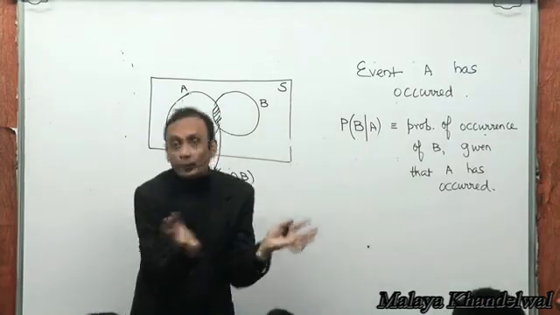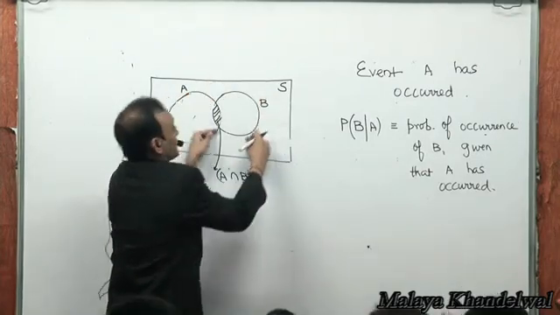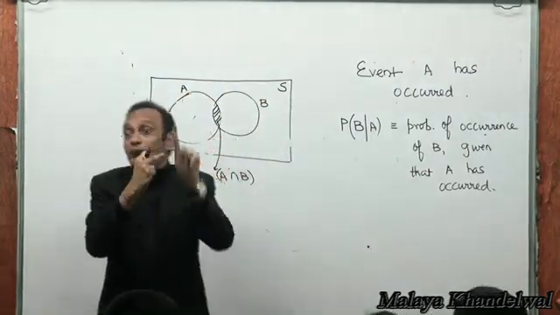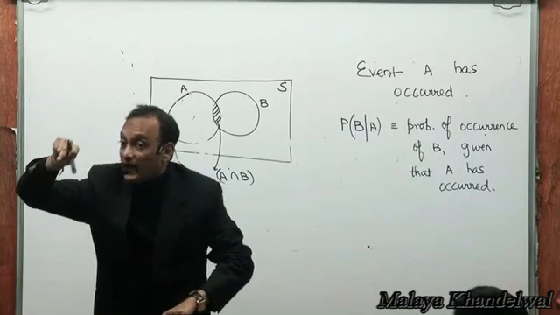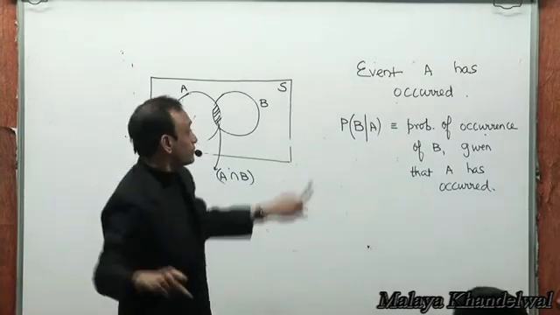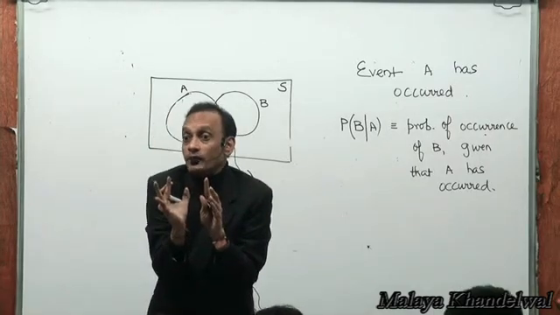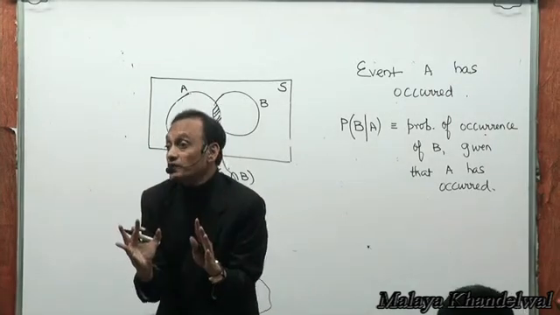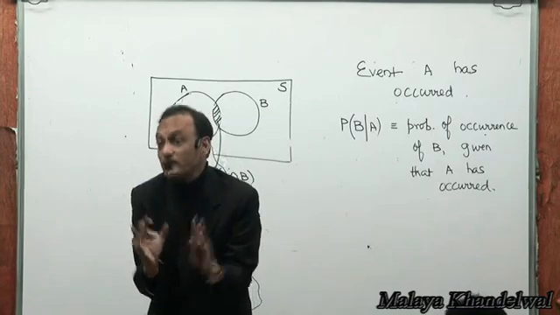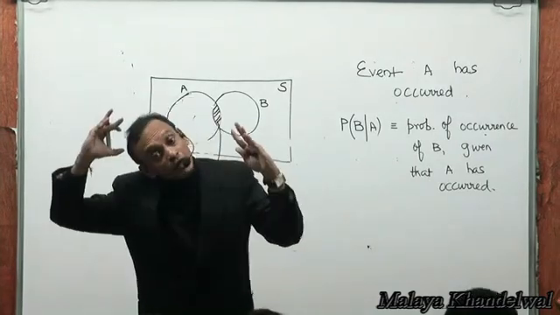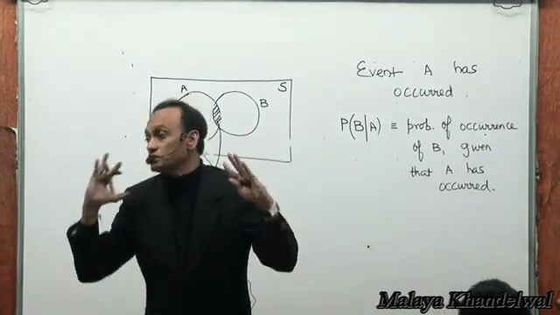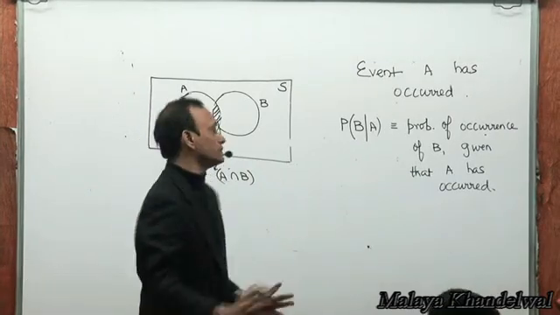If it was only about probability of B, then this would have been the set. But this time it's about probability of B given that A has occurred. That means occurrence of B subject to a condition. The condition is that A has occurred.